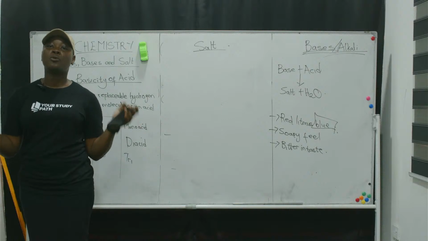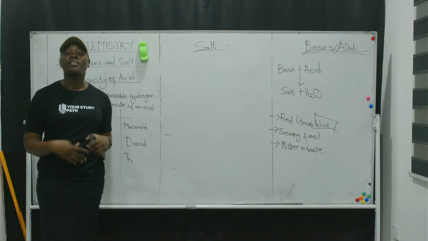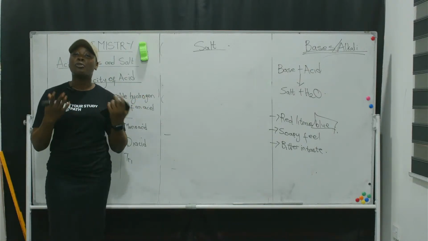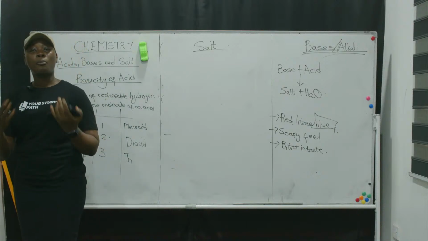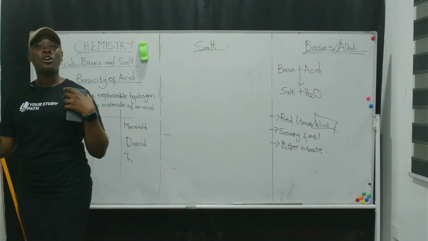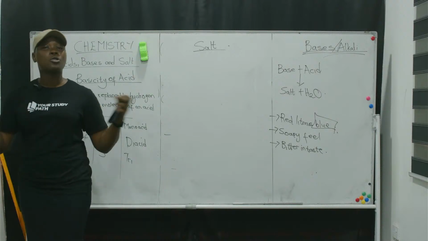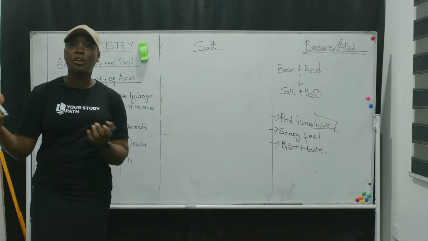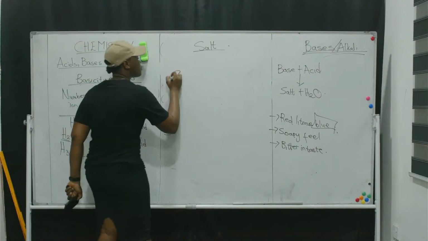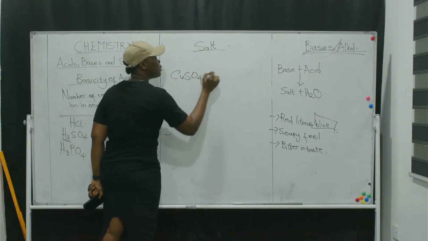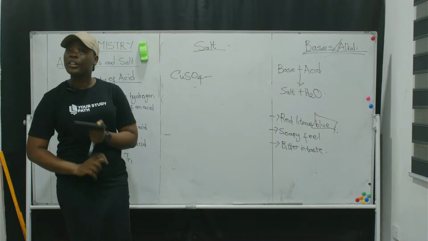Salt in chemistry means the product of a neutralization reaction. And not all salts are white in color. There are different colors of salt. You have copper salt, CuSO4, which is blue, right? It's also a salt.